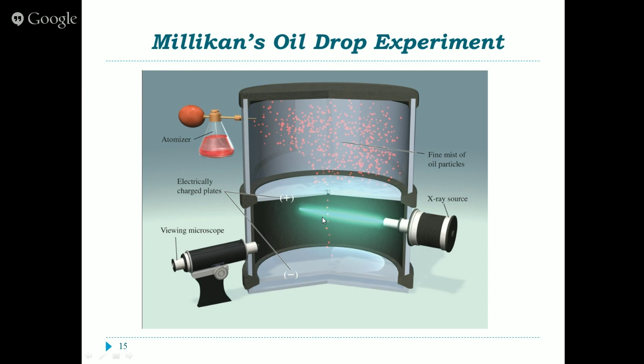So we can counteract gravity and suspend the particle, and then measurements can be taken. And with these measurements, and using what Thomson had discovered about the charge to mass ratio, the actual charge on the electron was discovered, and that is 1.60 times 10 to the negative 19th coulombs.